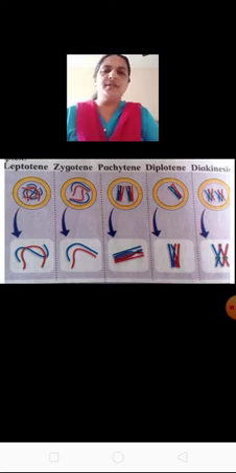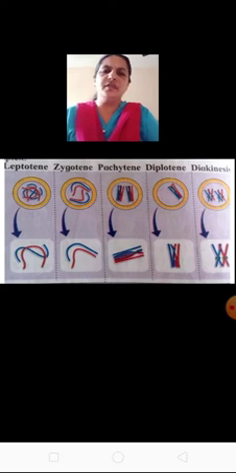Under prophase 1 there are 5 steps: leptotene, zygotene, pachytene, diplotene and diakinesis. These names are not given in your textbook, but this is for your extra information.